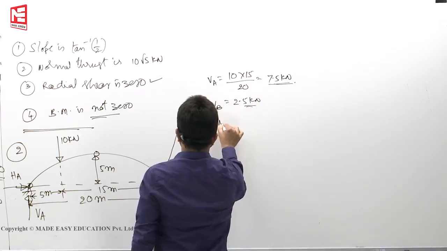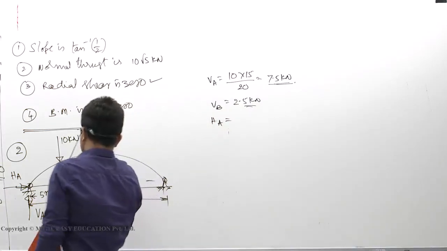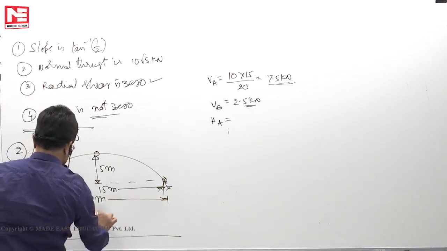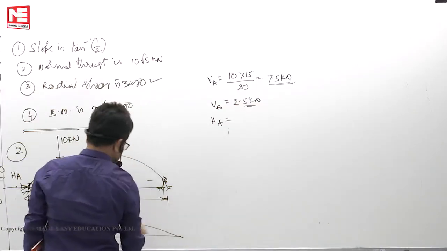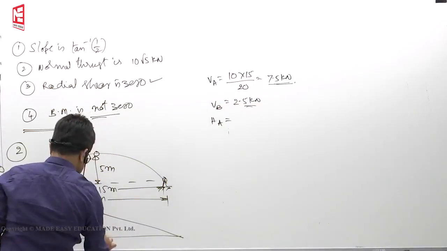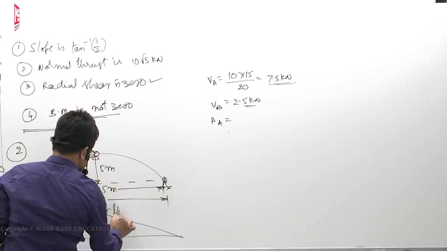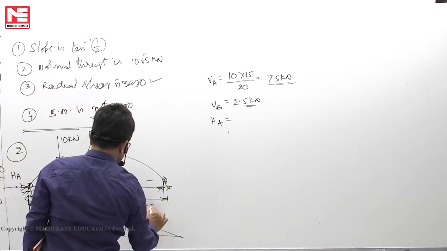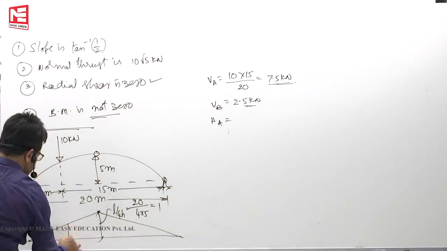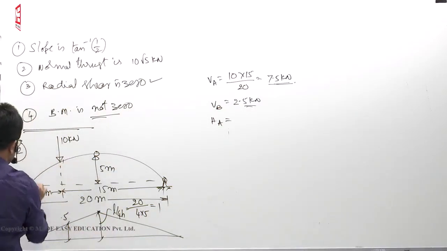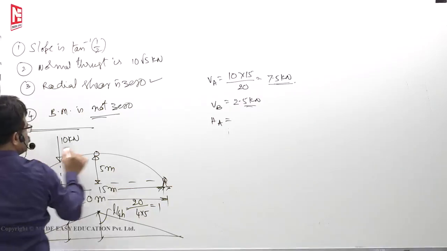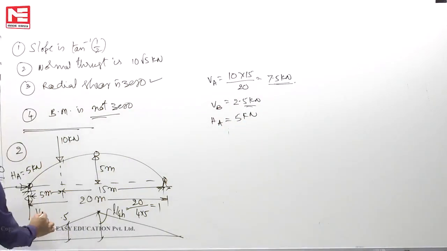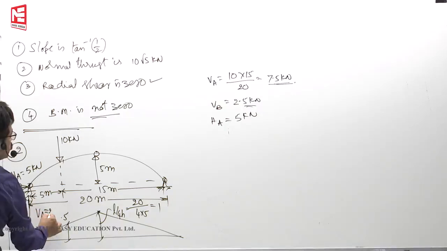Then HA, horizontal thrust at A. How do you find this one? Draw the ILD. This height is L by 4H, which is 20 meters by 4 into 5, that is 1. So if this is 1, here it is 0.5. So 10 into 0.5, 5. So HA we get 5 kilonewton. So HA is 5, VA is 7.5.